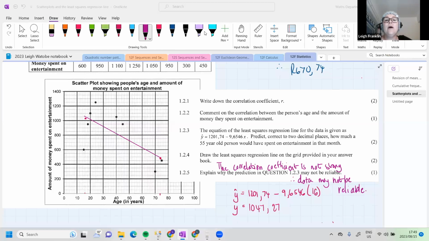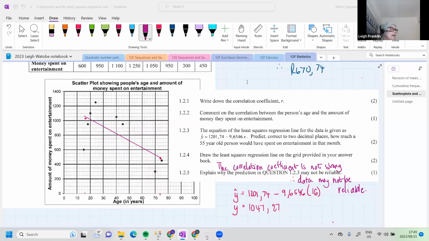Okay, Emma Maleng, you had a question? Yeah, ma'am, if our R is -0.5, is it reliable or not reliable? No, not reliable, because then it's even further away from -1. As you get closer to 0 from both sides, it becomes more unreliable.